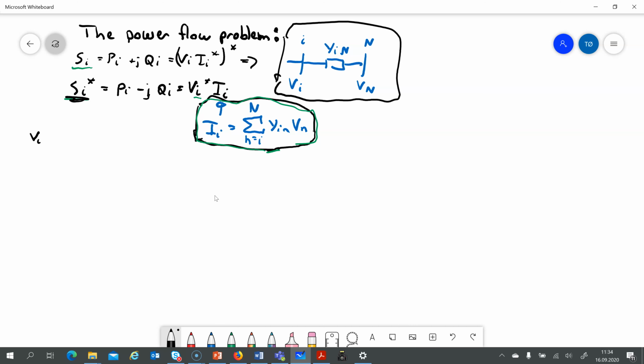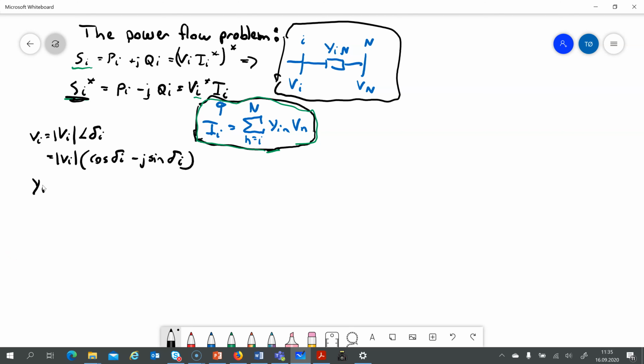We can have Vi equals the traditional angles, or it can be expressed as Vi times cosine delta i minus j sine delta i, like this.